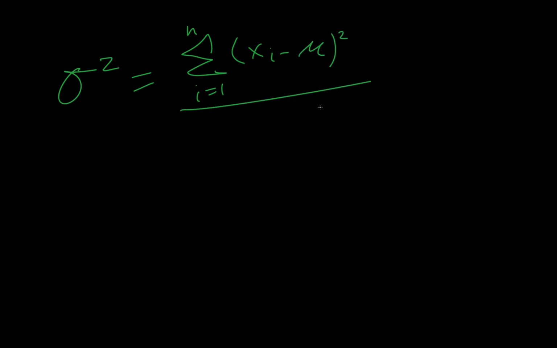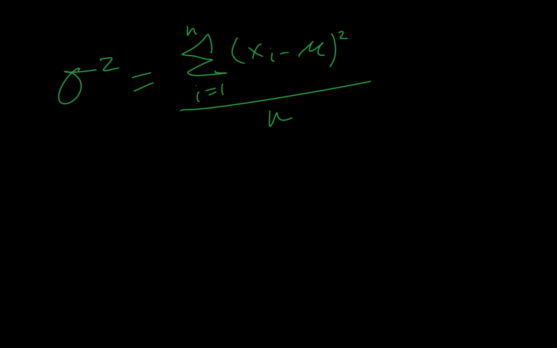Okay, so we have sigma squared equals this, and then the sum from i equals 1 of xi minus mu squared all over n.